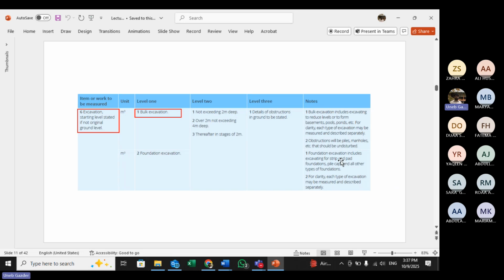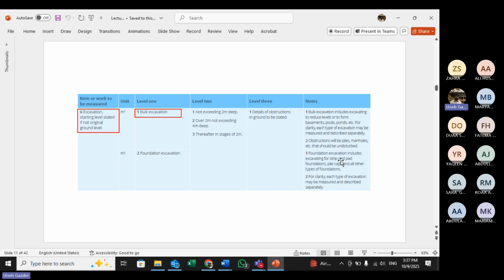And this is the item from the NRM2, bulk excavation, and it should not exceed more than 2 meters. Okay, it could be between 2 meters and 4 meters. It could be more than 2 meters. So, like this will come in the description. Like you have seen, we have done for the foundations.